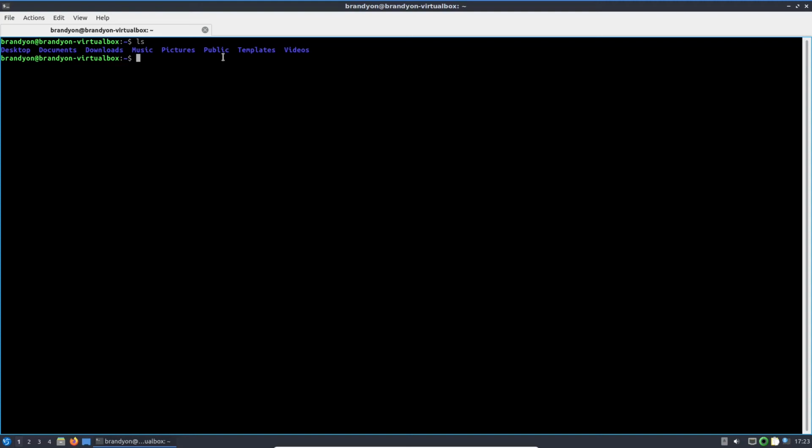Now, the last thing that I want to point out is the prompt. Our prompt is this right here, which is Brandon at Brandon-VirtualBox for this particular machine. It depends on the distribution and how you have it configured.